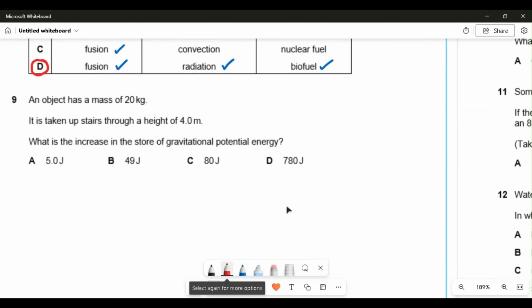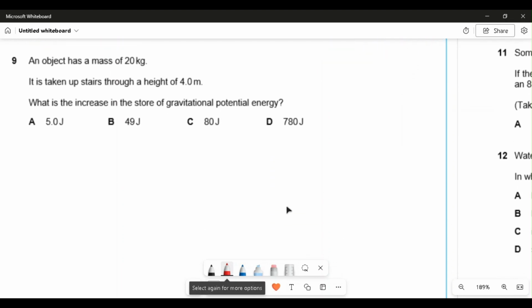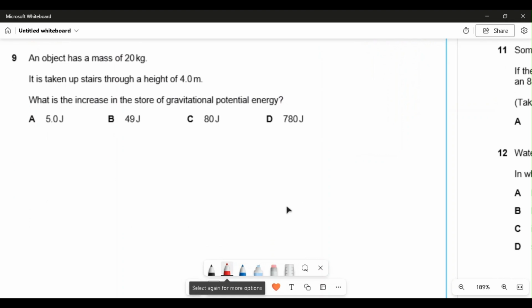Moving to question number 9, an object has a mass of 20 kilogram. It is taken upstairs through a height of 4 meter. What is the increase in stored gravitational potential energy?